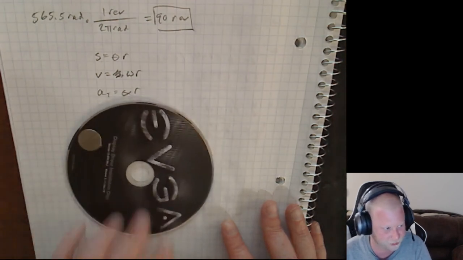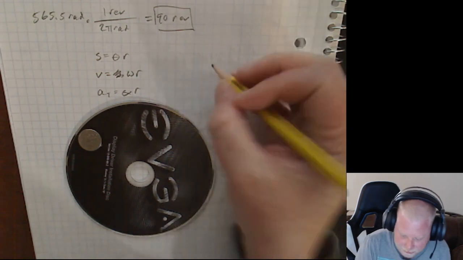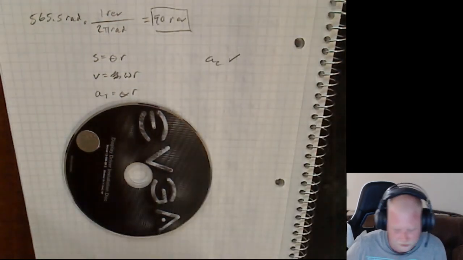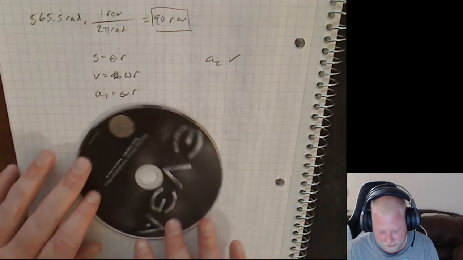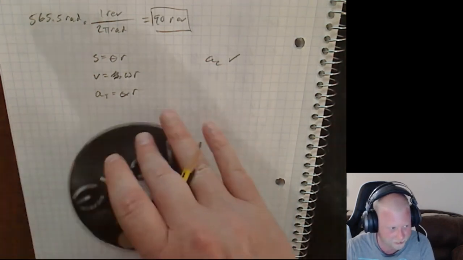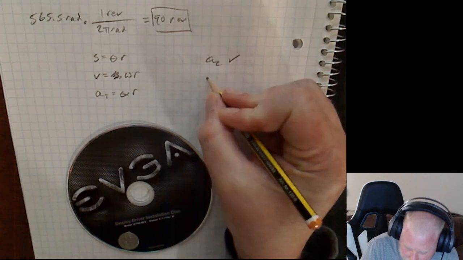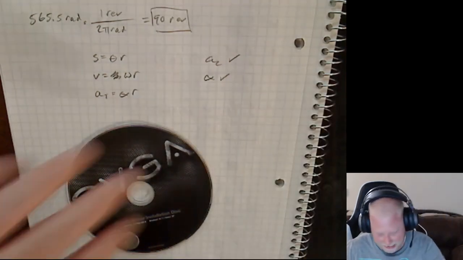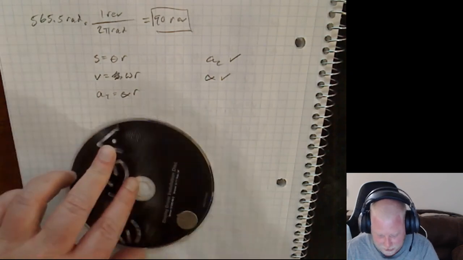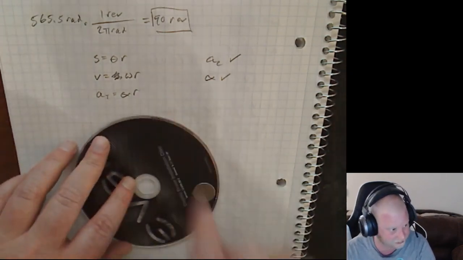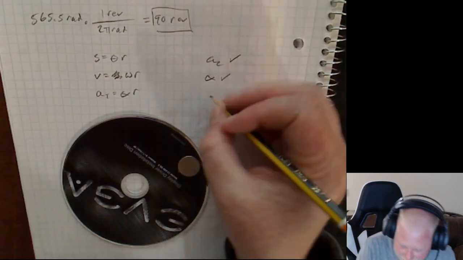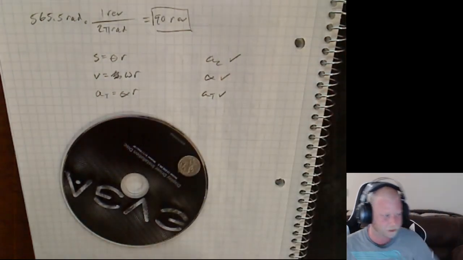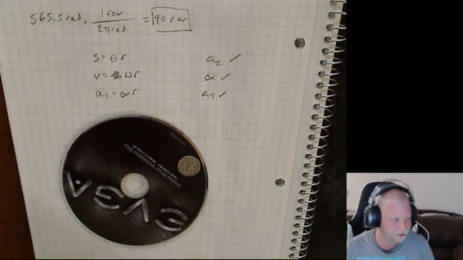So it has centripetal acceleration. Now, if this disk is speeding up, well, it's got angular acceleration. And if this disk is speeding up, this coin's linear velocity is also speeding up, which means that it has tangential acceleration.